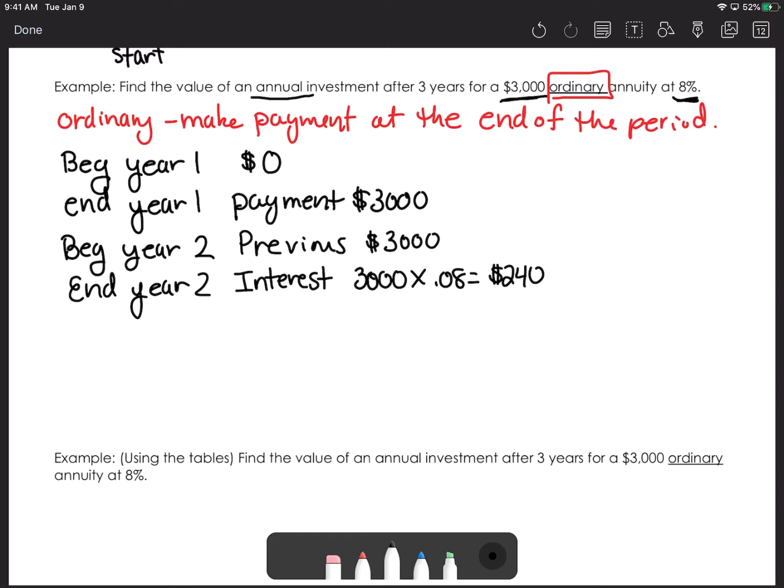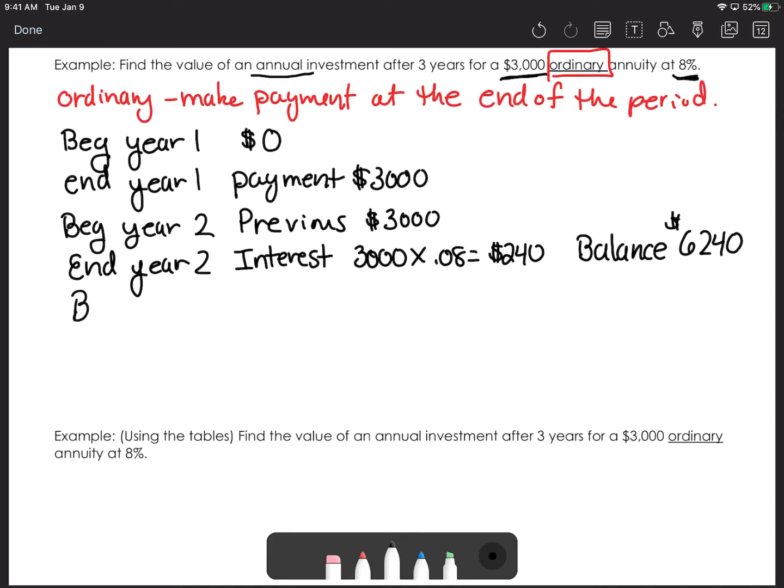But then remember, at the end of every year, we make a payment of $3,000. So that's going to be a balance of $6,240. Because we have the $3,000 that we put in the first year, we have the $3,000 that we put in at the end of the second year, plus the interest that was earned in the second year.